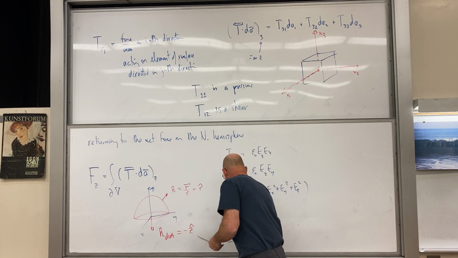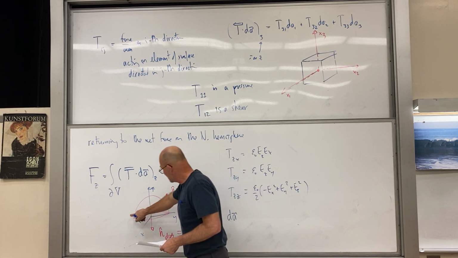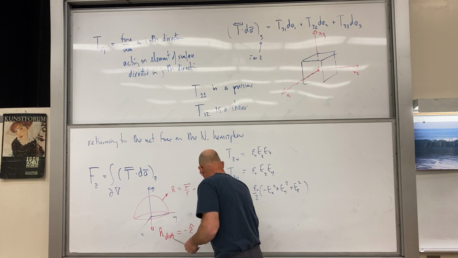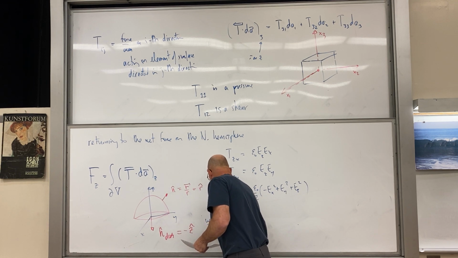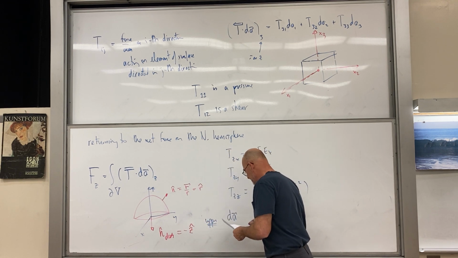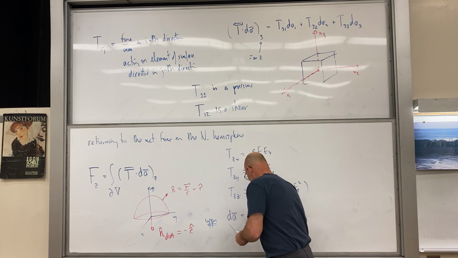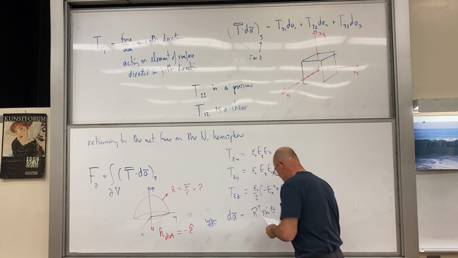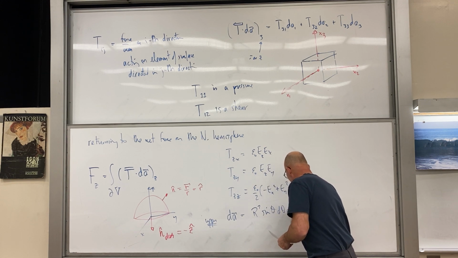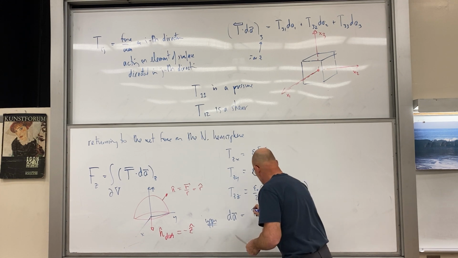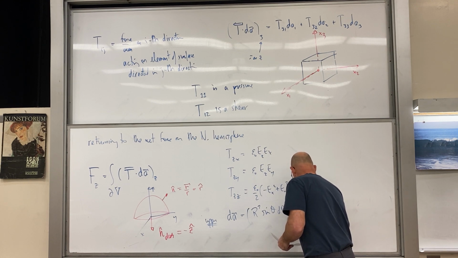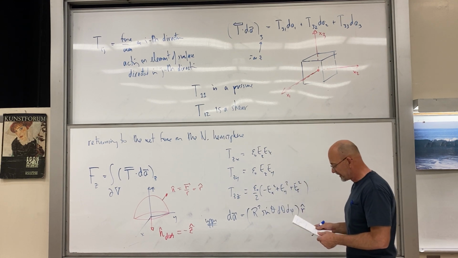And what about dA? For the upper part, dA is just r squared sine theta d theta d phi times the unit vector r hat.